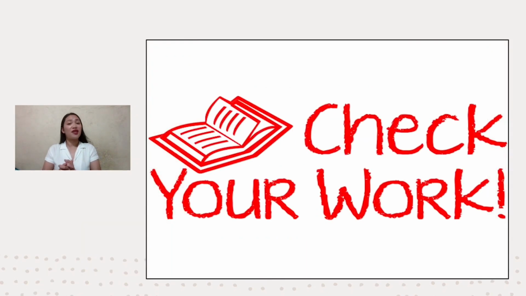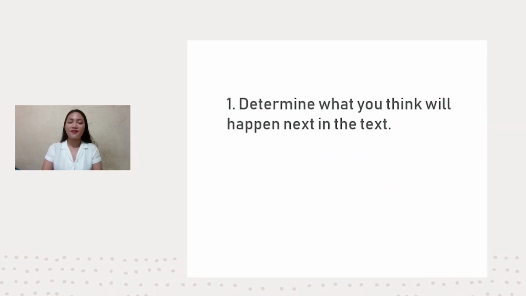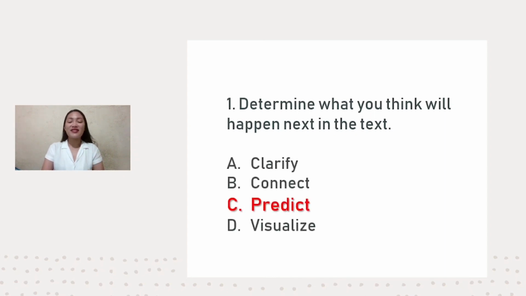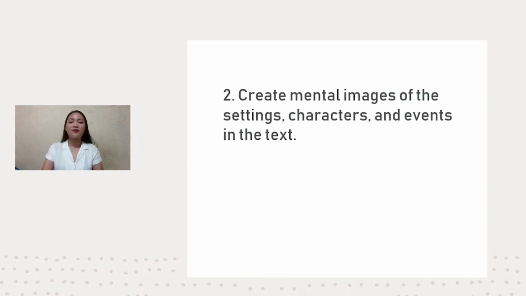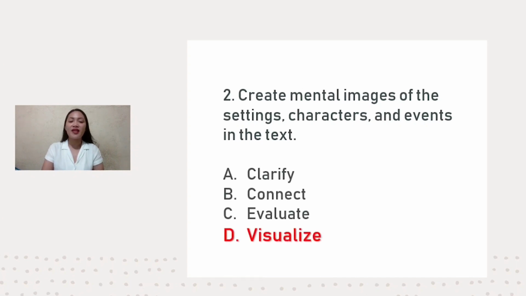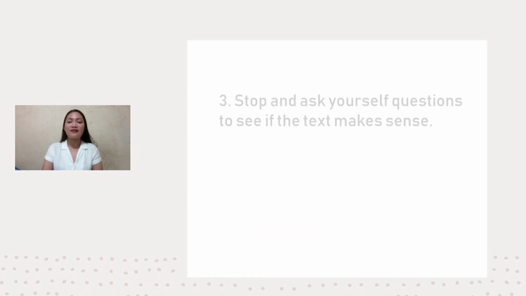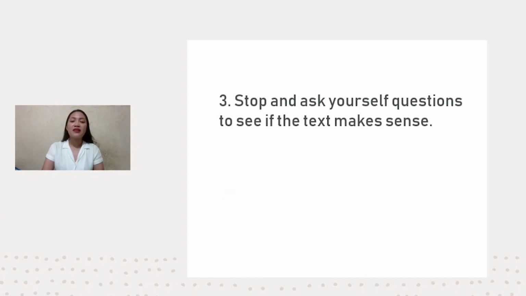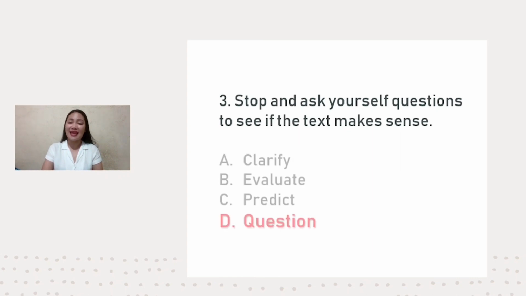Alright, so let us check your work. Number 1, determine what you think will happen next in the text. Letter C, it's predict. Okay, number 2, create mental images of the settings, characters, and events in the text. It's letter D, visualize. 3, stop and ask yourself questions to see if the text makes sense.